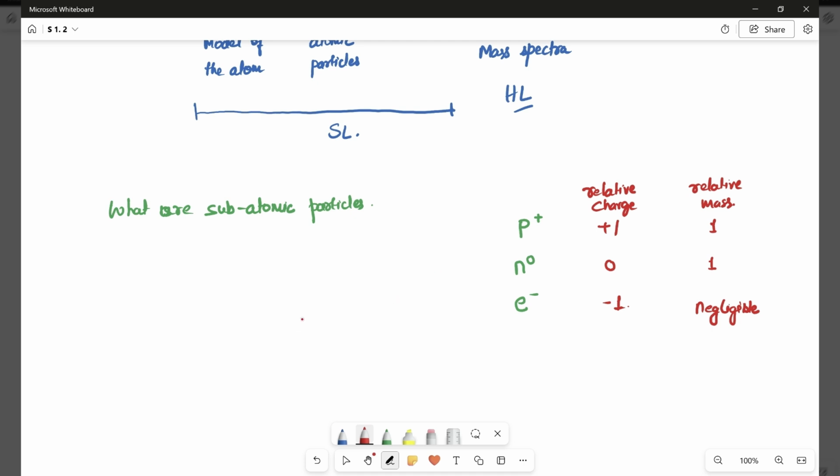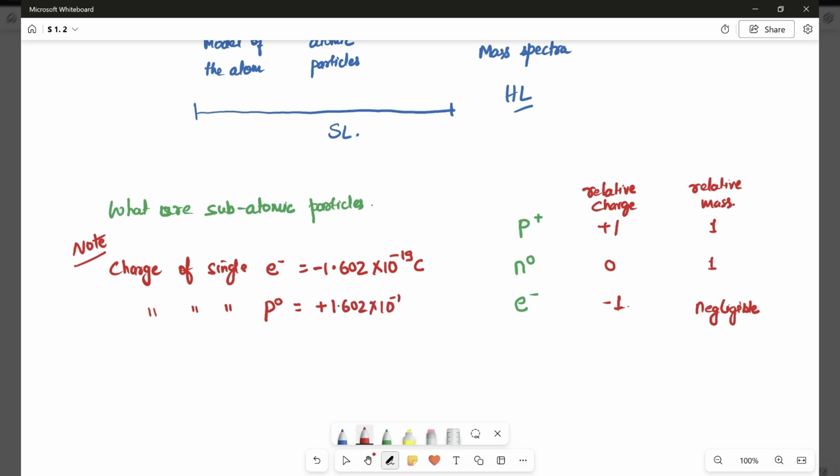Now there is one exam tip here. The charge of a single electron is important, you have to remember. It is minus, because it is negatively charged, 1.602 times 10 to the power minus 19 coulomb, whereas the charge of a single proton is plus 1.602 times 10 to the power minus 19 coulomb.